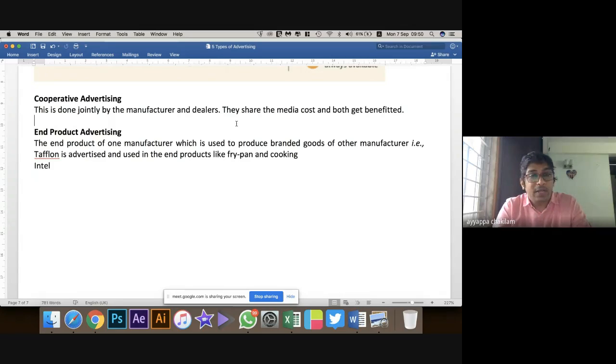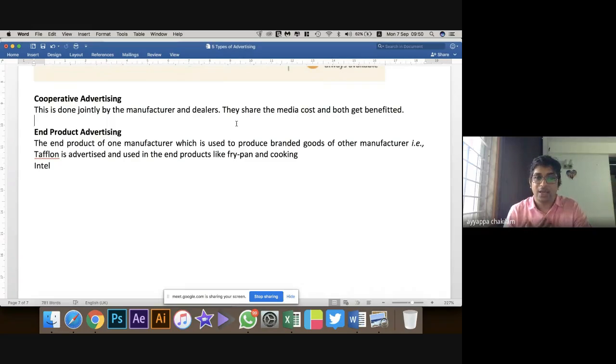It might be about a particular product, an MNC product, but you might be seeing a stamp or a local dealer name given on the pamphlet, saying that if you are liking this particular product, you can contact the local dealer. That is cooperative advertising. It might also come in the local newspapers.